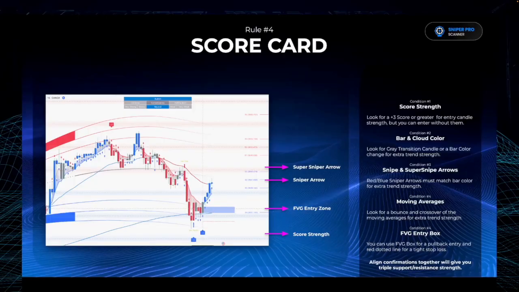The other thing you can do is draw up the entry box and then jump down to a lower time frame and look for another entry candle in there as well. Alrighty, so these are a few things. You will also have gold candles on here, and those gold candles will give you some additional confirmations, which we're going to take a look at in just a couple of minutes. So this is what you need to know about the scorecard.